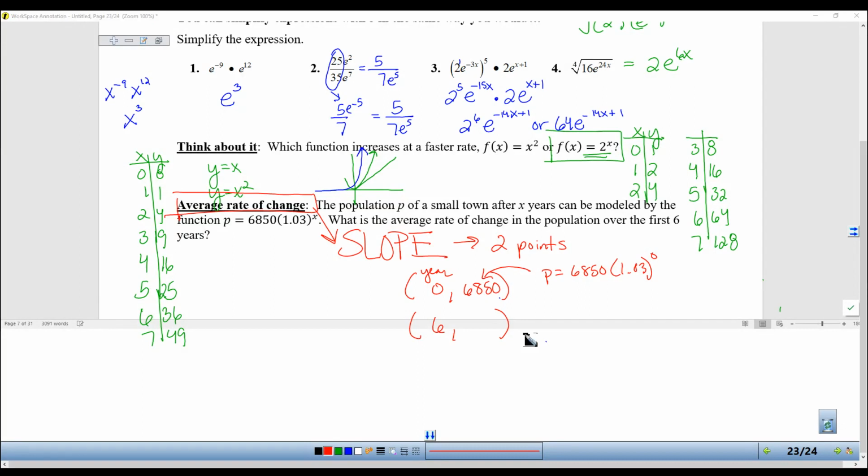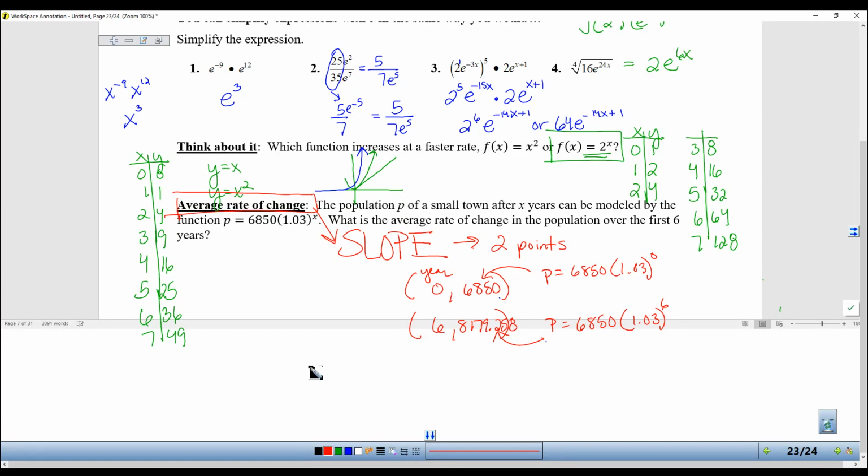And then for this one, I want to know 6,850 times 1.03 to the 6. So I'm going to quick type that into my calculator. 6850 times 1.03 to the 6 is 8,179.258.